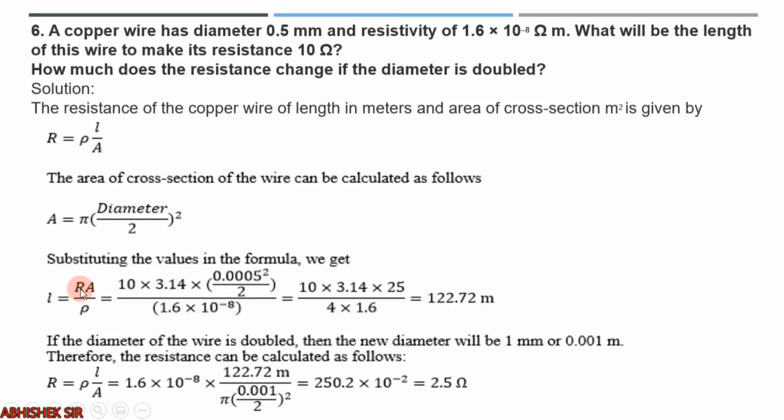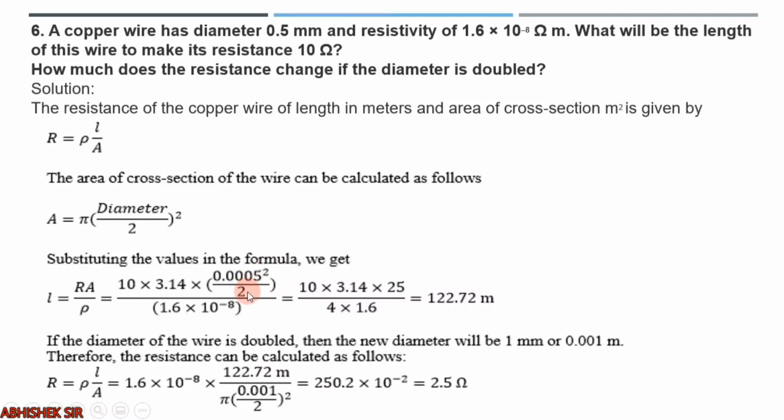Now, do we have the value of R? Yes, it has said that resistance must be 10 ohm. So we'll write 10. Area is pi into d by 2 square. So pi is 3.14 into d is 0.0005. Why 0.0005? Because here it is given in millimeter, but now we have to convert it into meter.